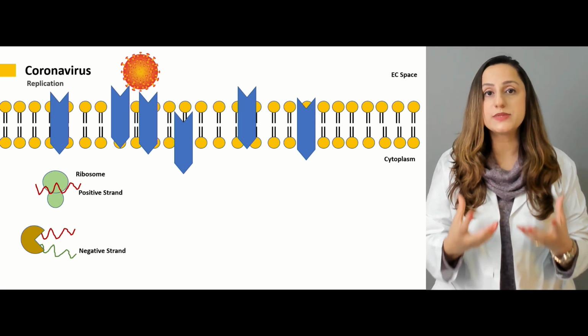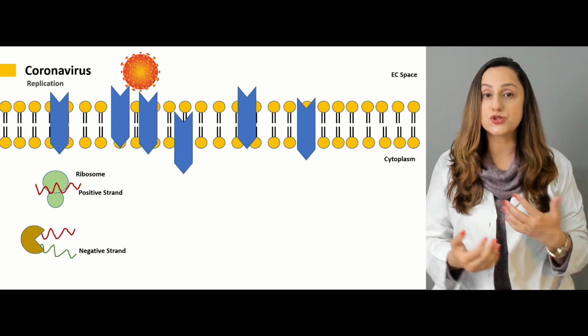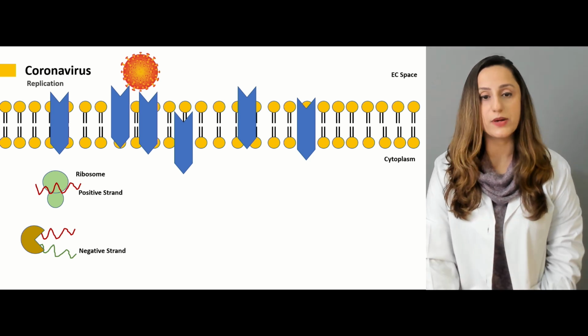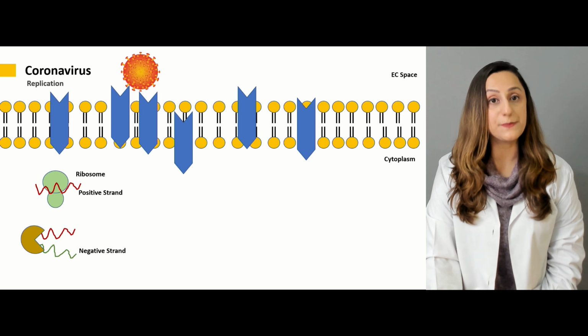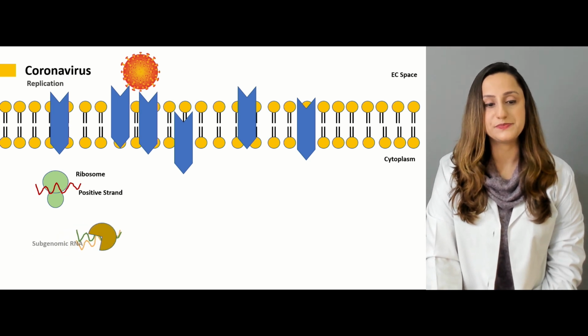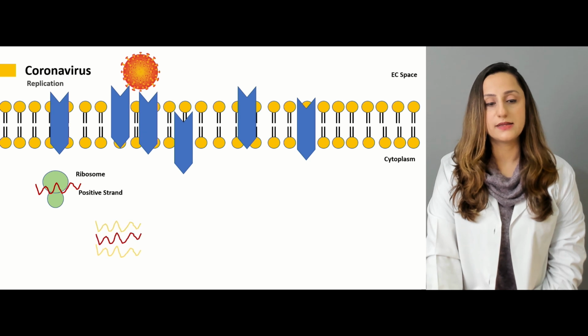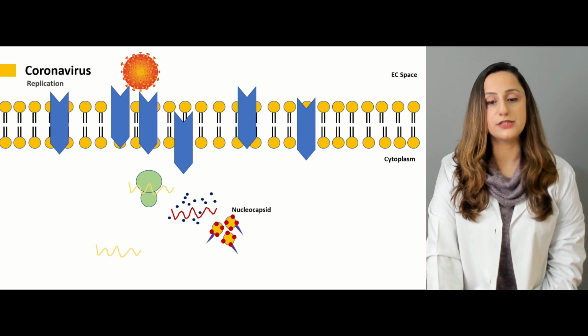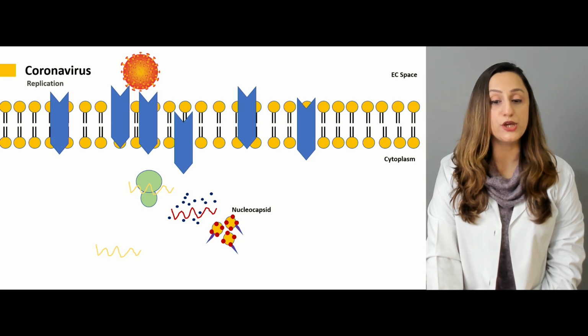The ribosomes come into play and they get translated, and this is how it gets replicated in the host cells. This is the subgenomic RNA, and then it moves on, forming the nucleocapsid over here.